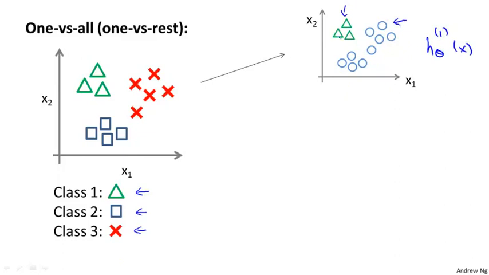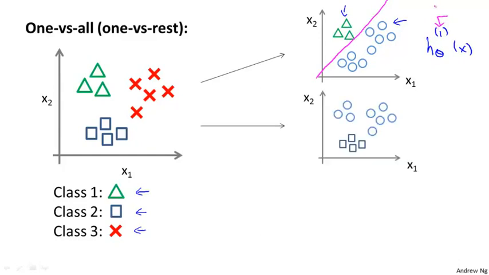So think of the triangles being assigned the value of 1 and the circles the value of 0. And we're just going to train a standard logistic regression classifier, and maybe that will give us a decision boundary that looks like that. Okay. This superscript 1 here stands for class 1, so we're doing this for the triangles of the first class.